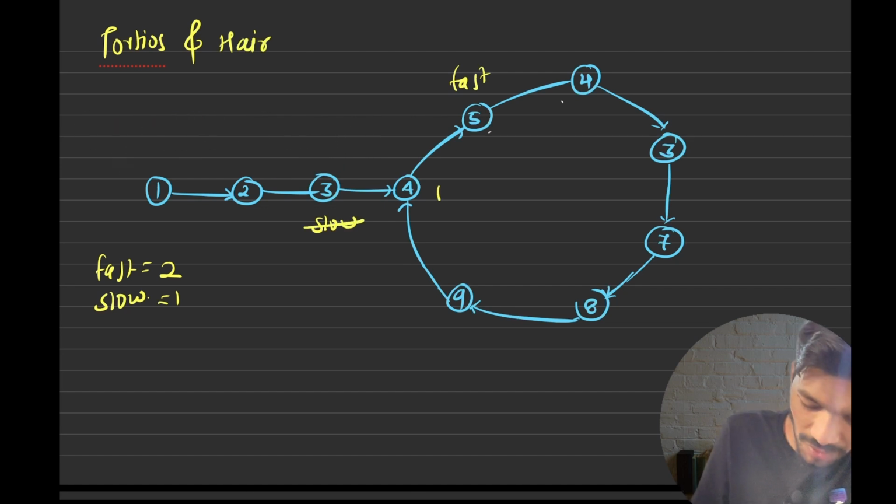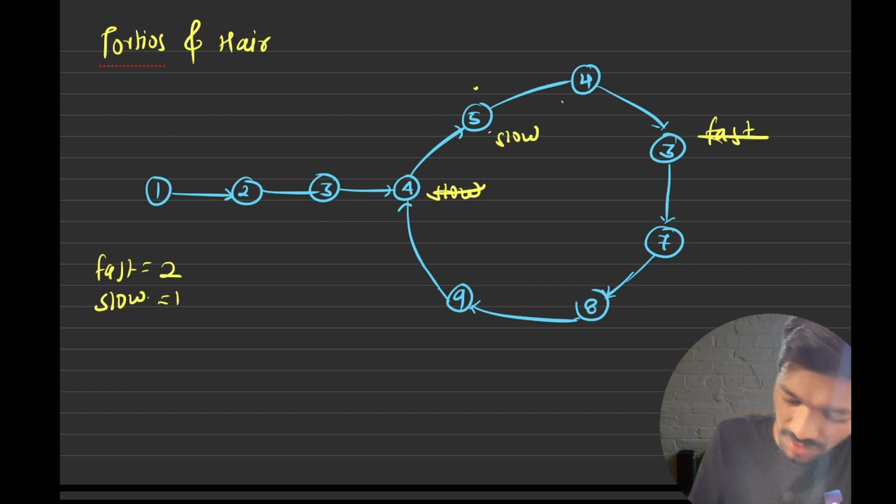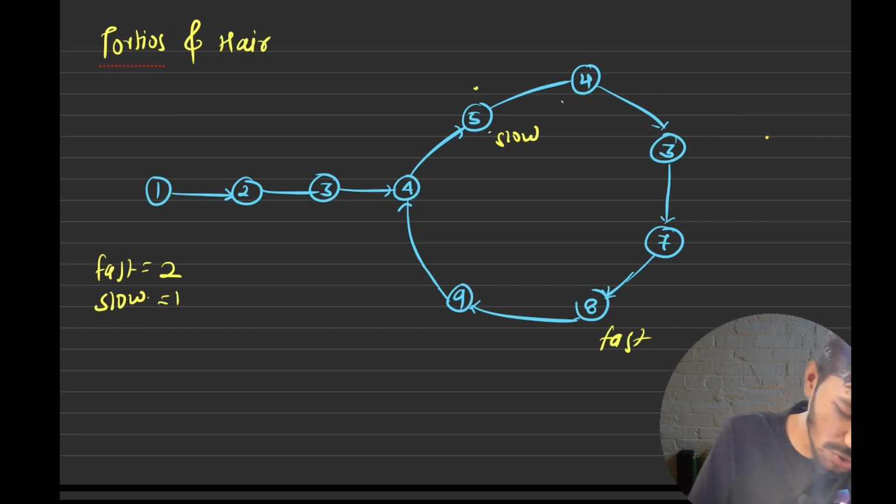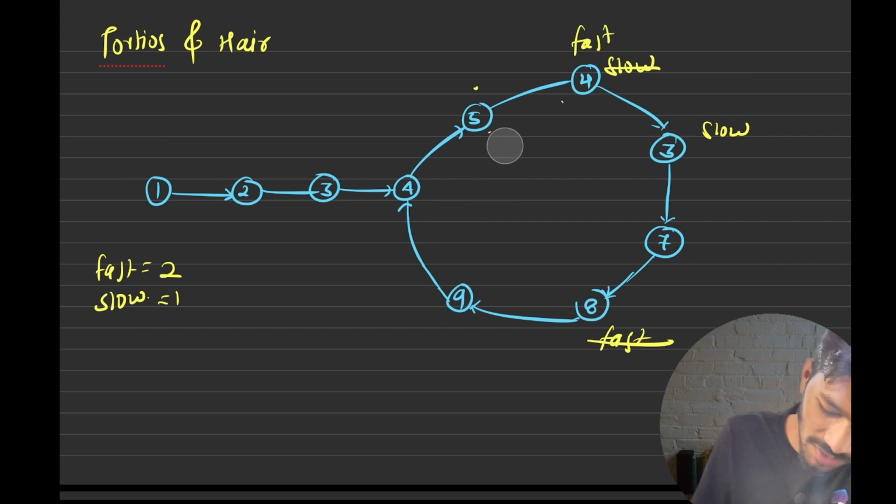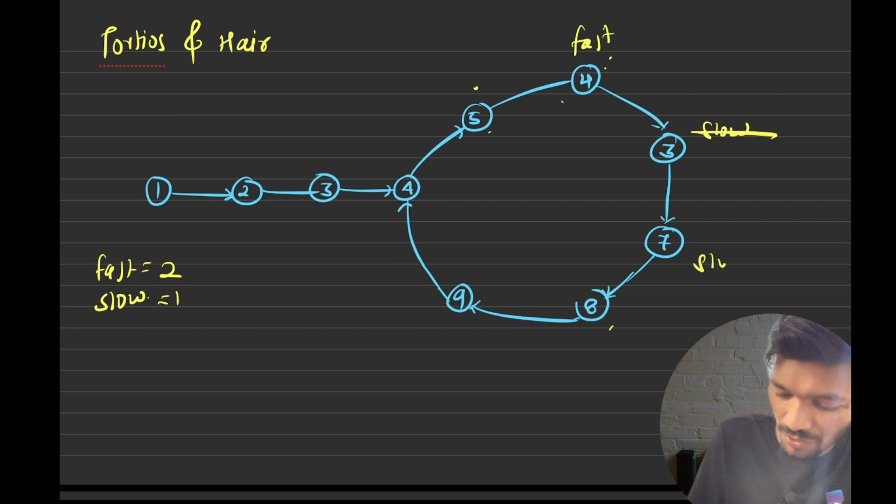Again, move the slow by 1 position, move the fast by 2 positions. Similarly, again and again, move the slow by 1 position and the fast by 2 positions, until they meet.